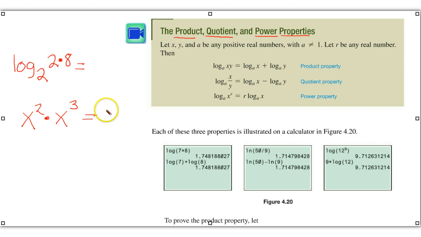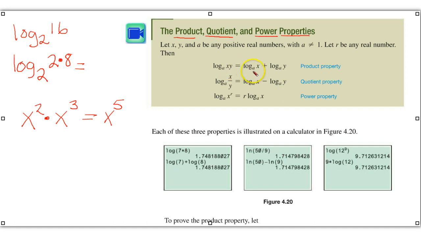We add their exponents. So this is going to be x to the fifth. Now, they're also showing that if in a log form, we could have log base 2 to the 16th. Well, another way of showing that 16th here is that it's 2 times 8.